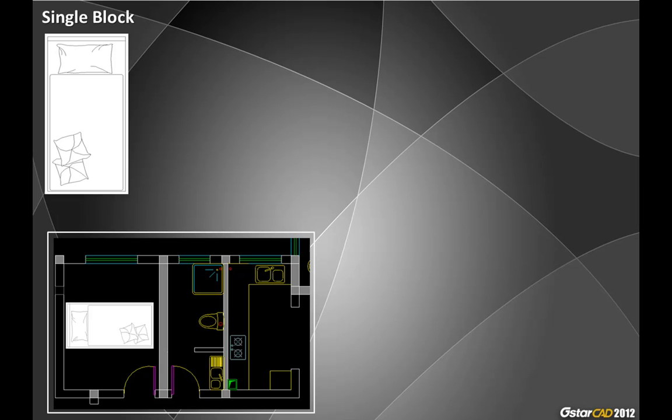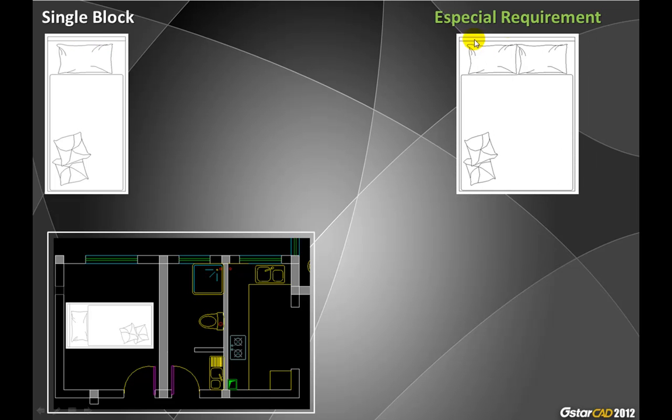Okay, but your customer maybe does not agree with this single block, because he has a special requirement, so this is his special requirement. And he will call you or ask you if it is possible to change this single block to this special requirement, and your answer is yes, you can do it.